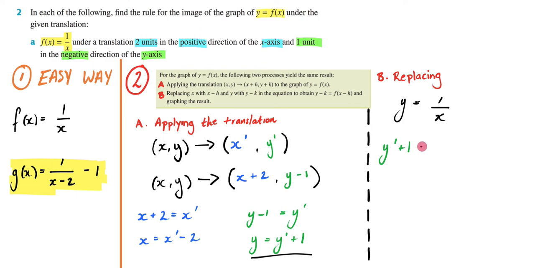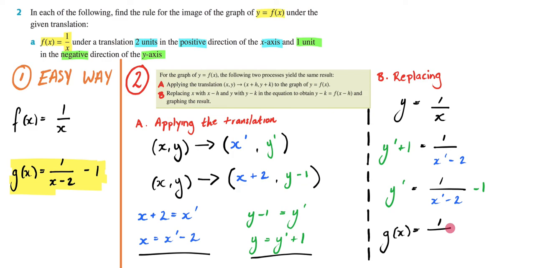And keep writing, come to my x spot, and in the x spot, I'm going to write this, x dash minus 2. I will then rearrange, so I get my y dash by itself. So it's going to be like that. Then x dash minus 2, then minus 1. So therefore, I've created my new function, which we're calling g of x, which is going to be 1 over x minus 2 minus 1.